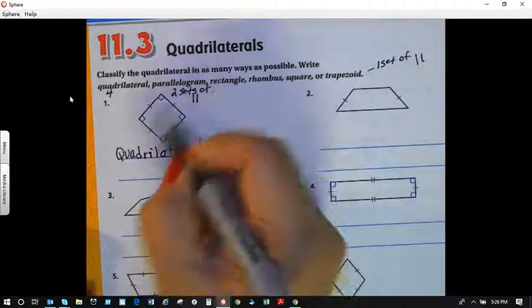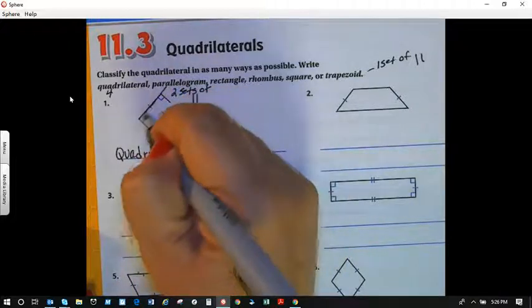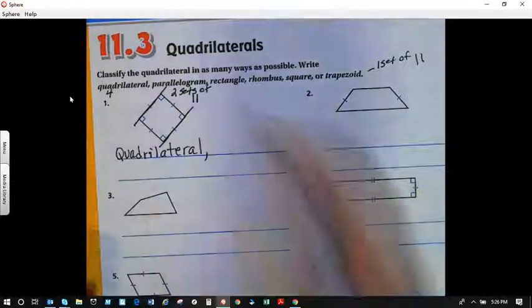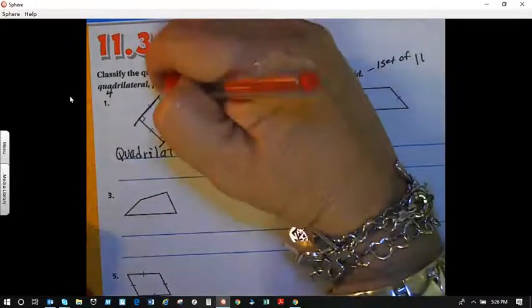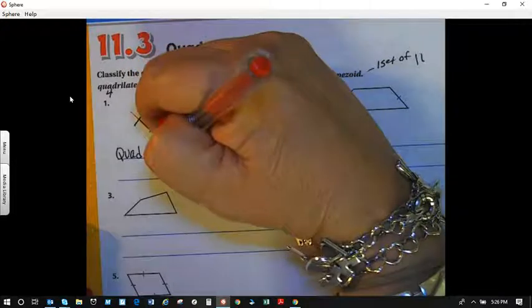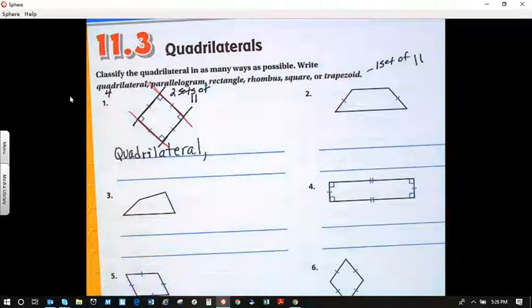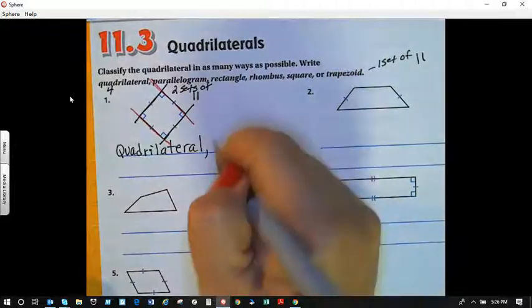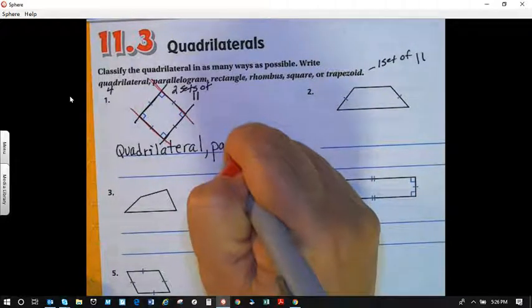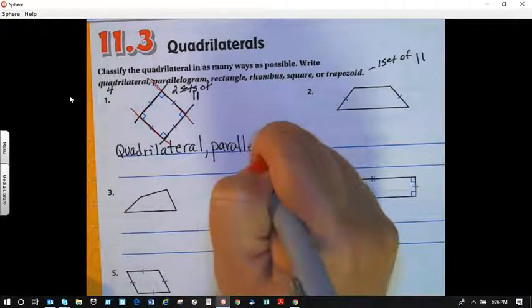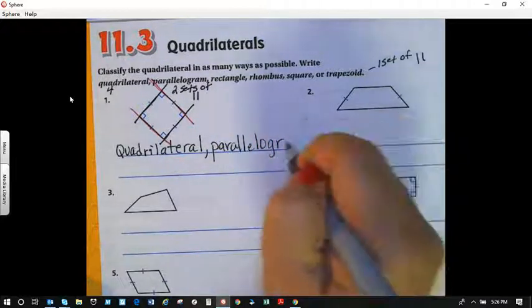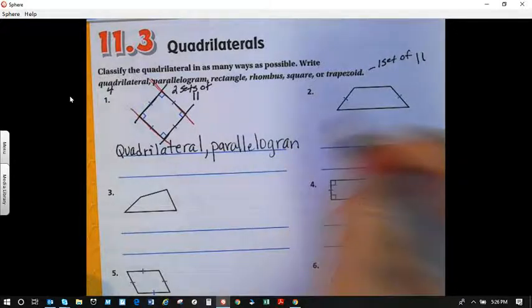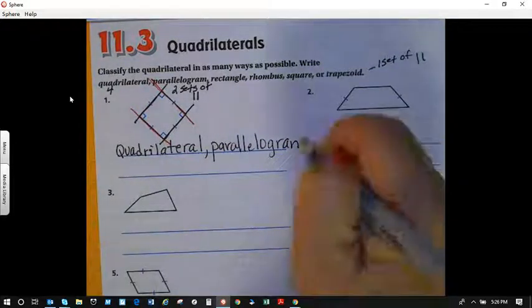It's also a parallelogram, and I'm going to get a different color pen, because this one has 2 sets of parallel lines, and so this makes it a parallelogram. It's almost like a pair, so you can think 2 sets.